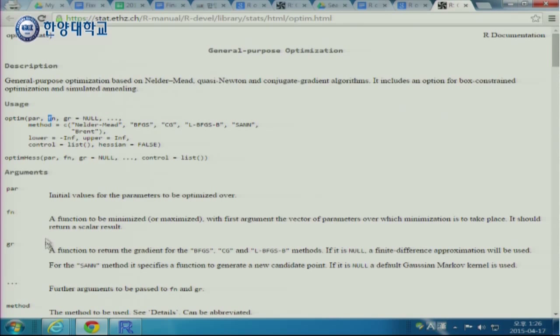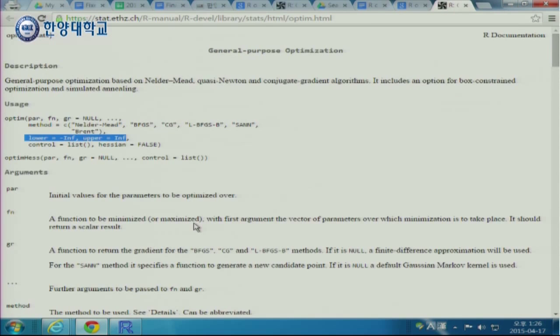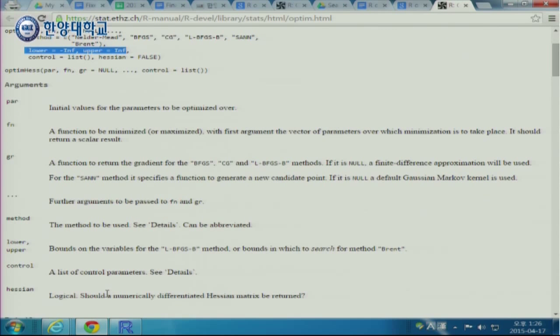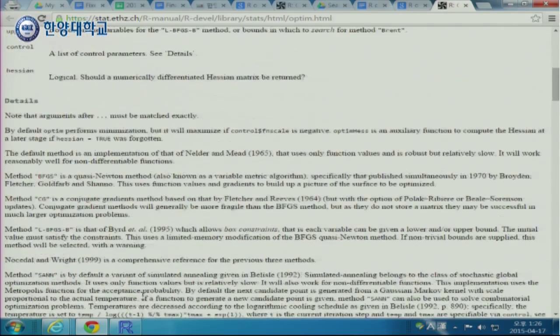And then lower bound and upper bound. Let's say this is Inf. It is usually not necessary, but for your exercise, let me write it like this. So it can range from minus infinity to infinity. And then control.